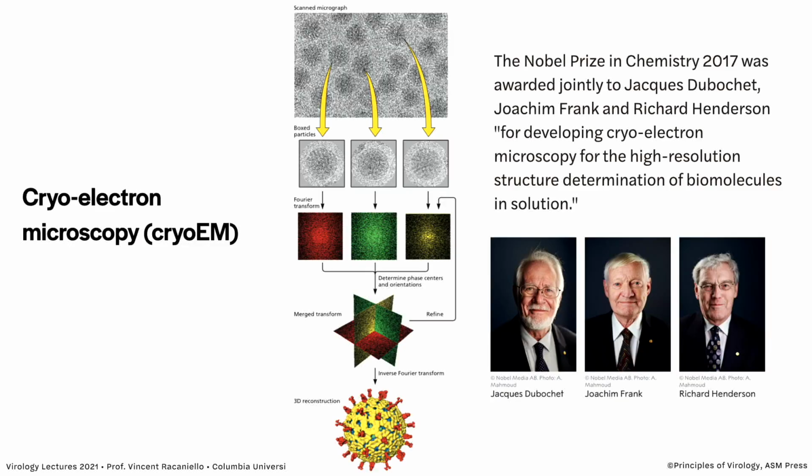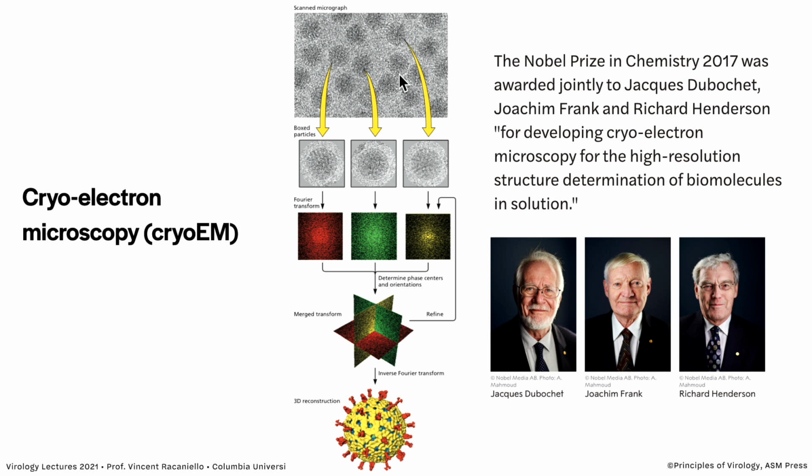Another technology, cryo-electron microscopy. It depends on freezing the sample, and that's why it's cryo, low temperatures, and you usually do it in liquid nitrogen. And you have water, or an aqueous solution, and that gives a little bit of contrast to the particles, so you can take a picture. And this is an example of it here.